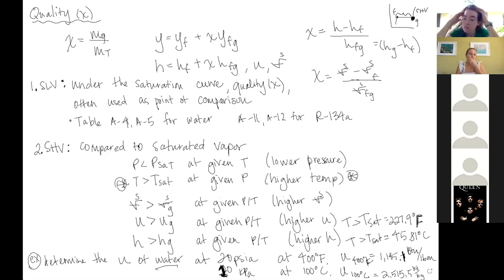So once you determined it was a superheated vapor, you went to table A4 and No. Table A4 and A5 are only for saturated liquid vapors. Okay, so what did you do when you determined it was a superheated vapor? Here's where you go to the superheated vapor tables, which are table A6.